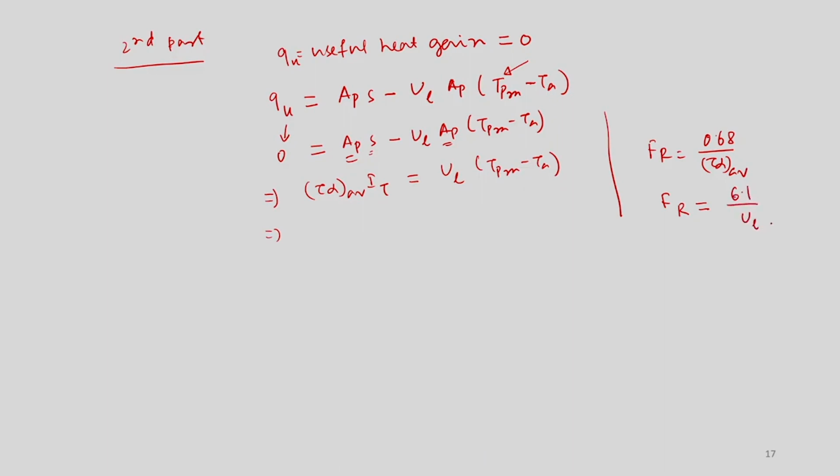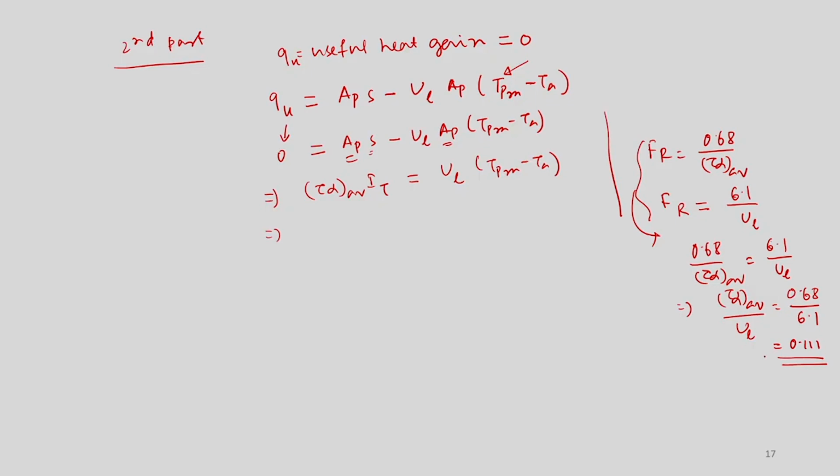Since both expressions are the same, 0.68 by tau alpha average is equal to 6.1 by UL. From here, tau alpha average by UL is 0.68 by 6.1, which is equal to 0.111.